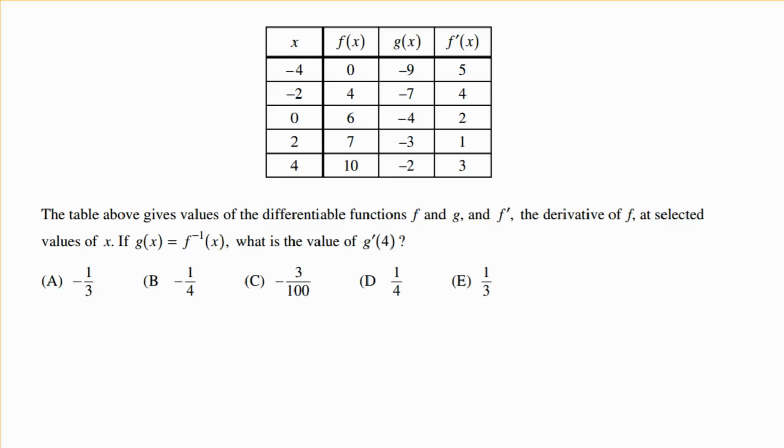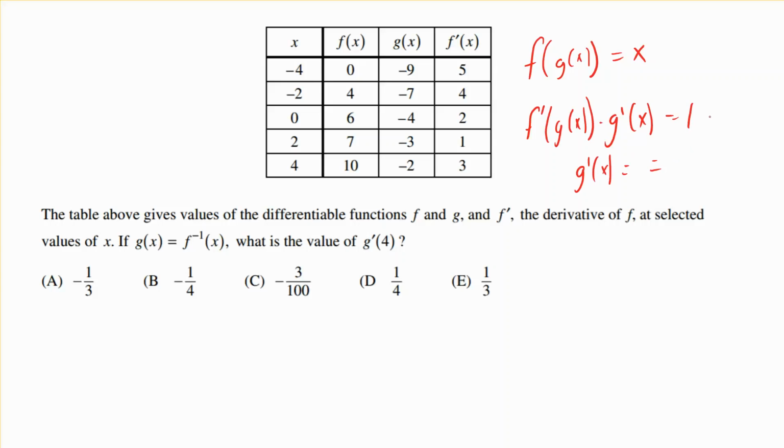To do that, we go f of g of x equals x. And then we find our derivative, f prime of g of x times g prime of x by the chain rule equals 1. So g prime of x, the inverse, is 1 over f prime of g of x.